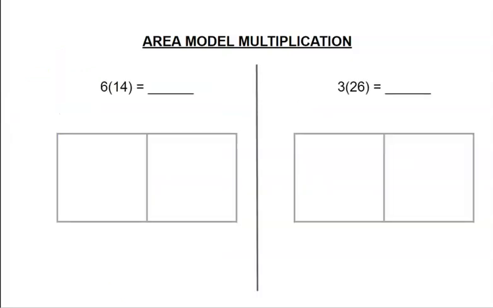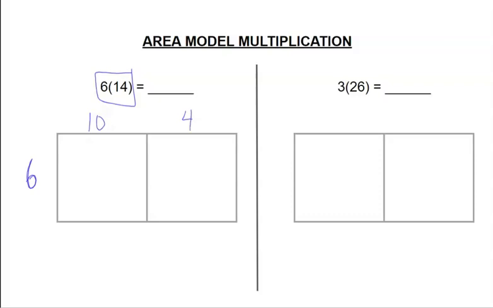Since the area model isn't great for larger numbers, a way that we can utilize it is by breaking larger numbers down into smaller numbers that we understand. If I do 6 times 14, 6 is good, but 14 I'm going to break up into 10 and 4, because 10 is a really easy number to multiply by.